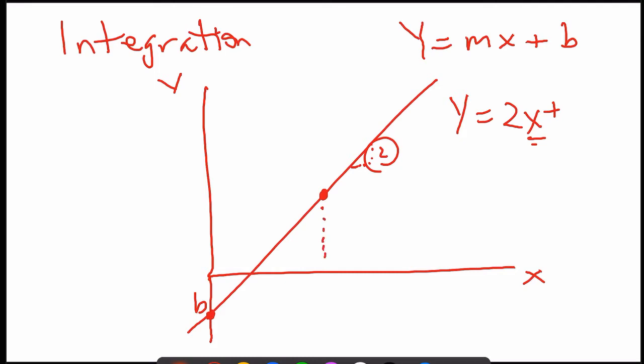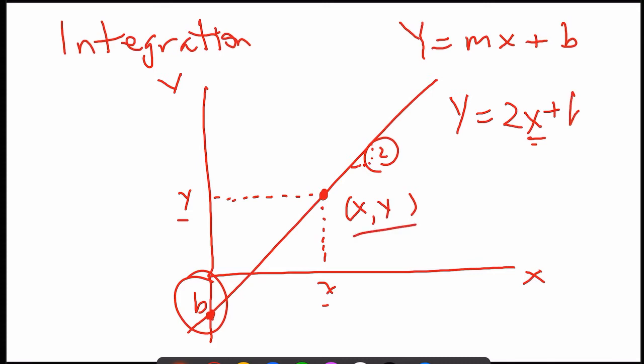At that point, I know that x is something and y is something. If I know what x and y are, I can figure out what b is. If I know where this point is, it has a coordinate, I can find that, and I can go back and find b. So we often say to everyone, well, look, you need 2 points to define a straight line.